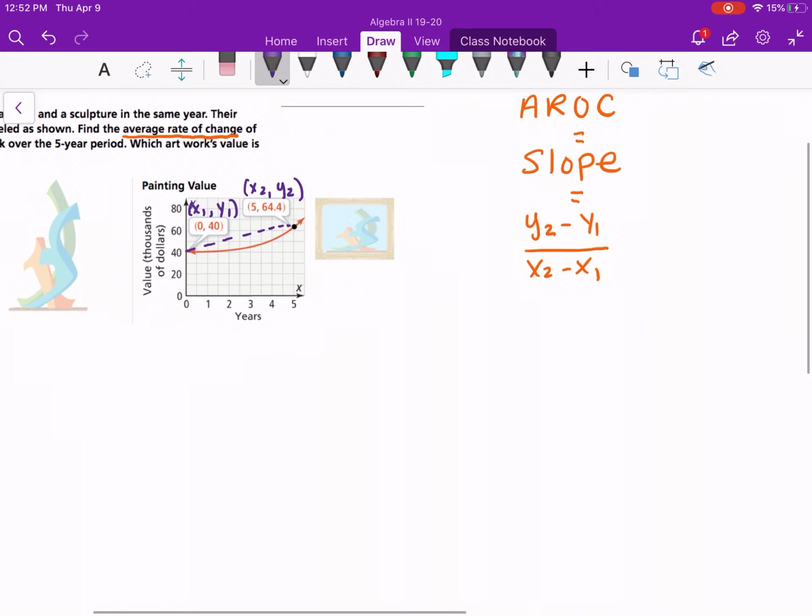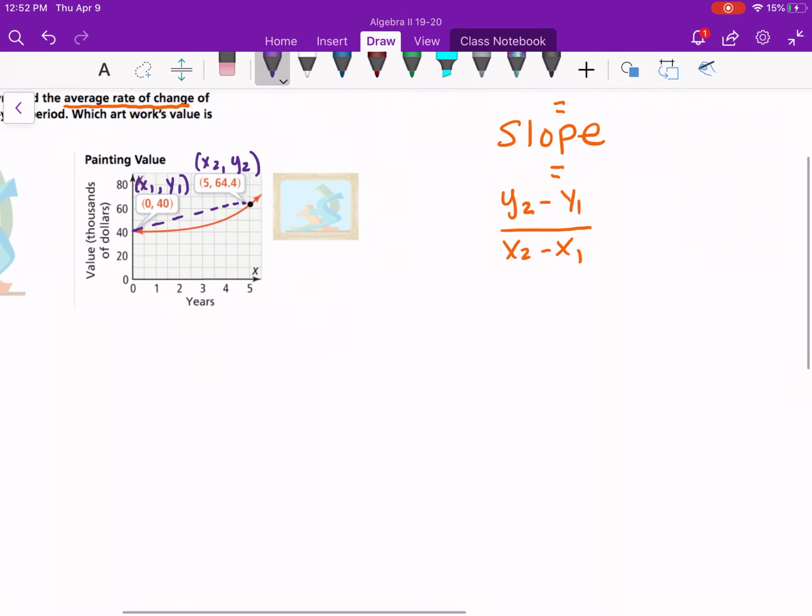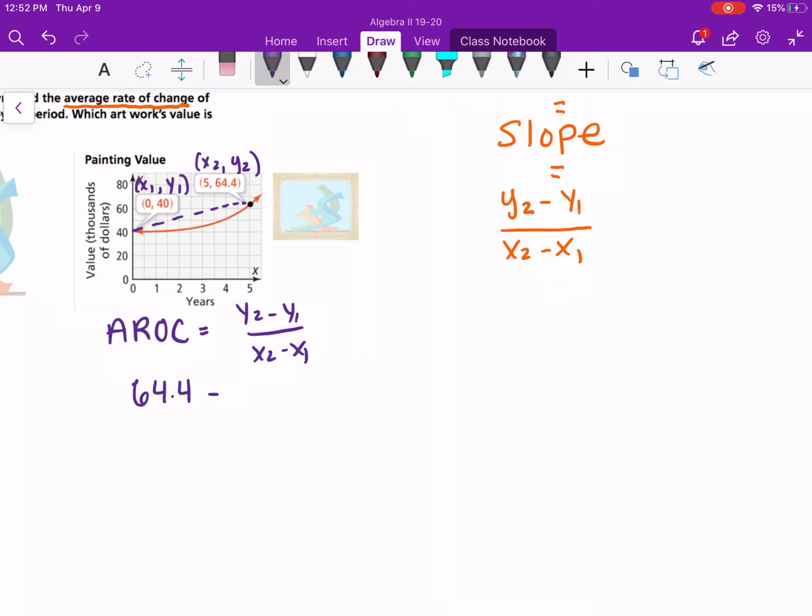Let's just go ahead and find those. So we know that the average rate of change can be found using the slope formula, y2 minus y1 over x2 minus x1. And so that's going to look like 64.4 minus 40 over 5 minus 0.